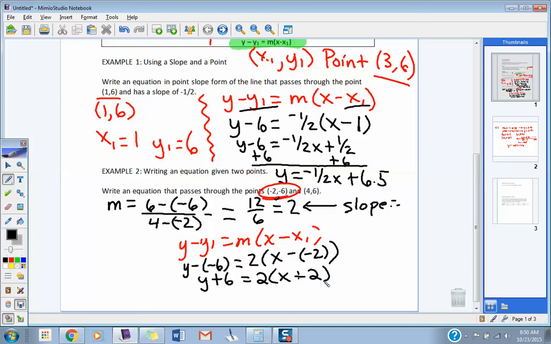Guys buy that? So to distribute on the right, I'd have y plus 6 equals, what's the equivalent expression on the right? 2x plus 4. So in order to put this finally in slope-intercept form, or to represent this in a linear model, subtract 6. When you subtract 6, what's that going to make the right side look like?